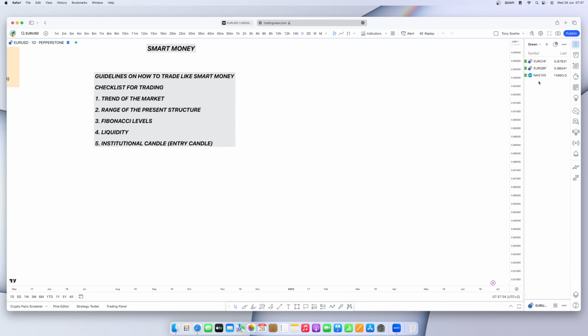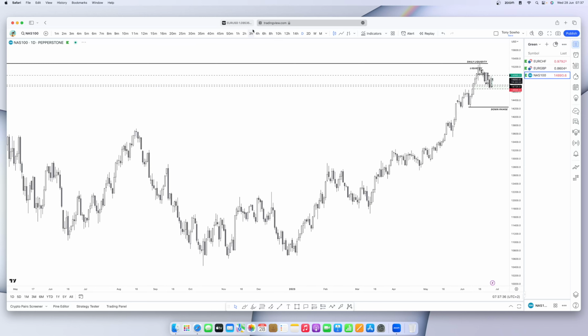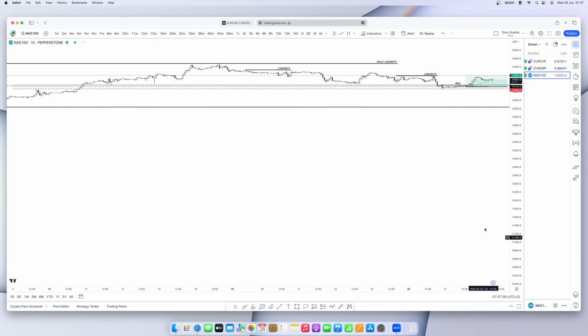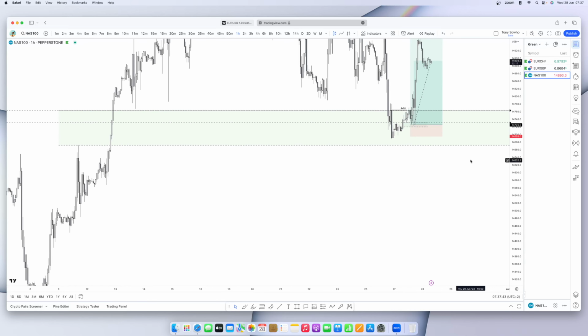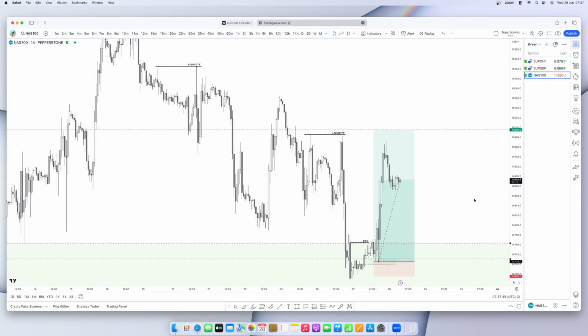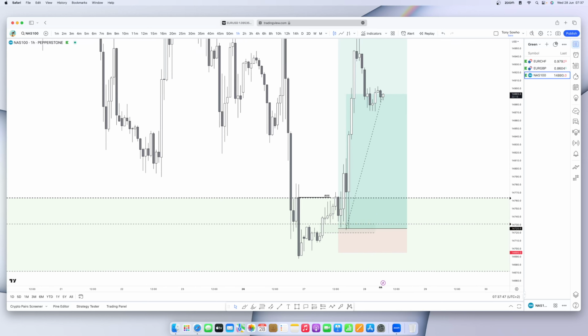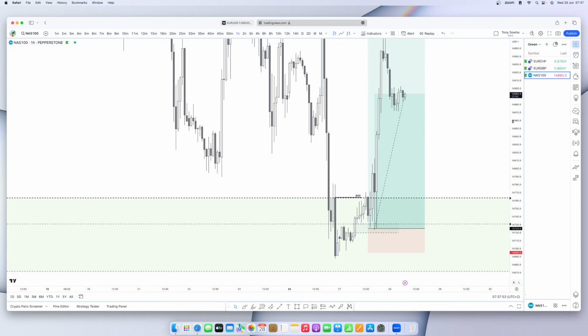Come to NASDAQ here, then come to the 1 hour chart. So this was the trade. Now, don't you want to catch trades like this? Look at our entry. Very, very little drawdown. We got in here and we took price all the way to the upside.